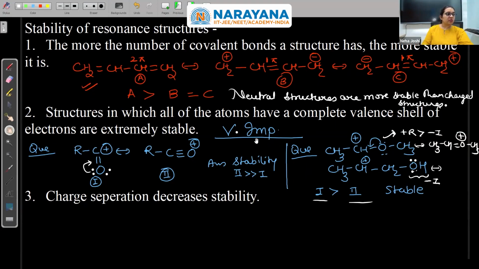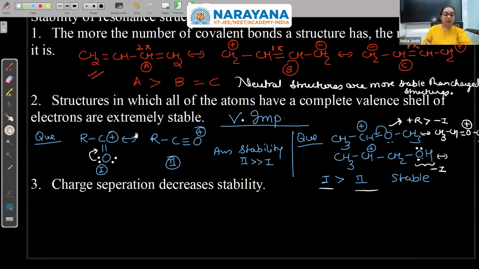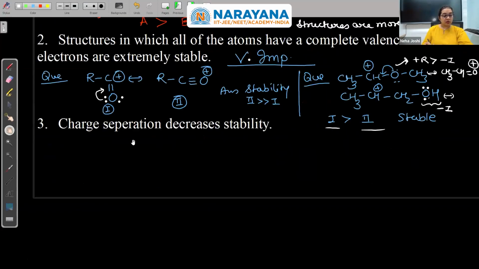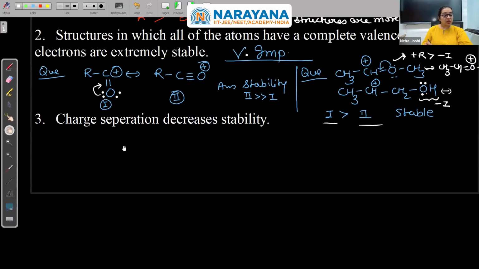If charge separation is considered, the more the charge separation, you will find a destabilizing effect on a resonating structure. Because what happens when you convert a neutral bond into charges, work is done on that particular molecule.